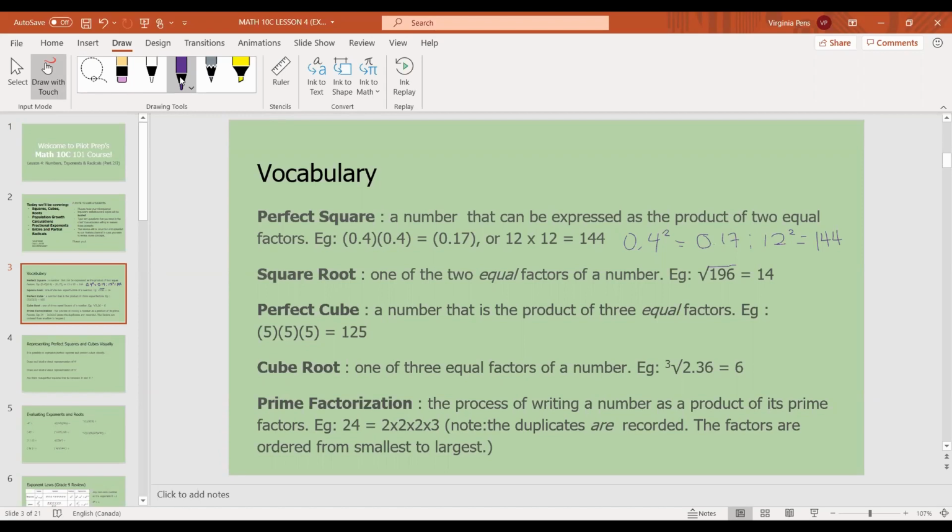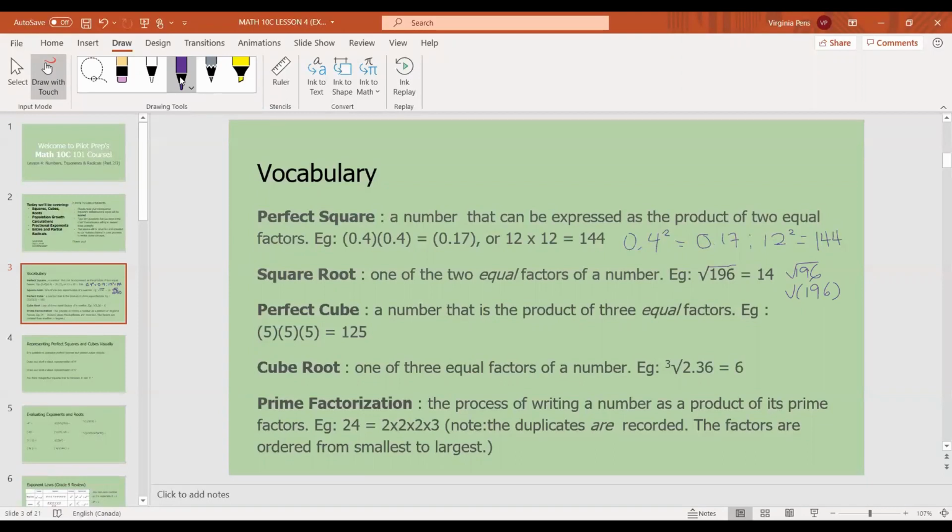When you're handwriting, you would write it all the way above. So on a computer, you put the 196 in brackets beside the square root symbol. That just shows that it's the square root of 196, not the square root of 19 or the square root of 1 times 96 or something.